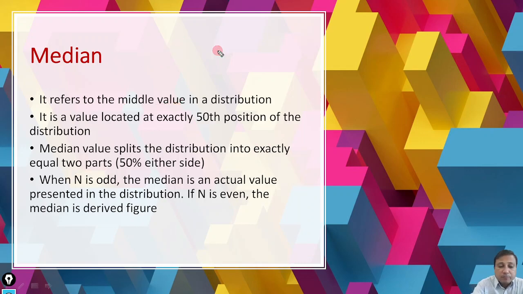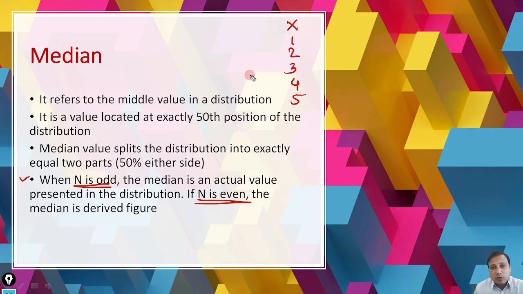Now let me just read the last statement. When n is odd, the median is an actual value present in the distribution, and if n is even, the median is a derived figure. What does that mean? Let me tell you. Suppose here is x and 1, 2, 3, 4 and 5. So there are 5 numbers. What would be the median?